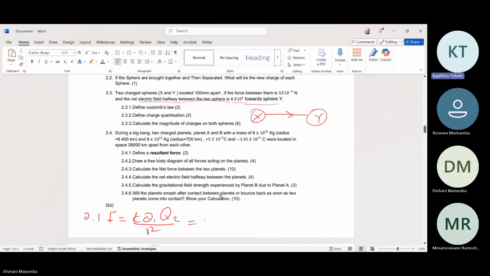Okay, a resultant force. It is a single force having the same effect as all other forces acting together. That is true. Okay, so now they're saying draw a free body diagram of all forces acting on the planets.